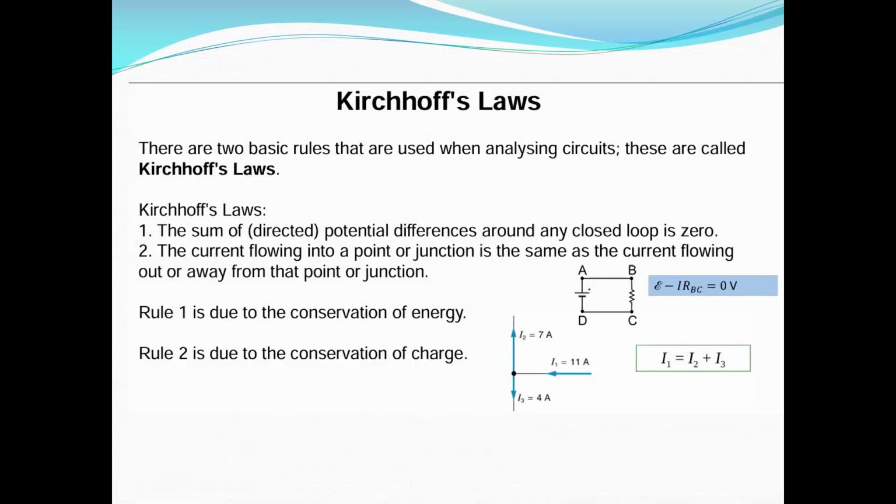And here in the circuit diagram, rule 1 is due to the conservation of charge. You can see I1 is entering the point, but I2 and I3 are going out of the point.